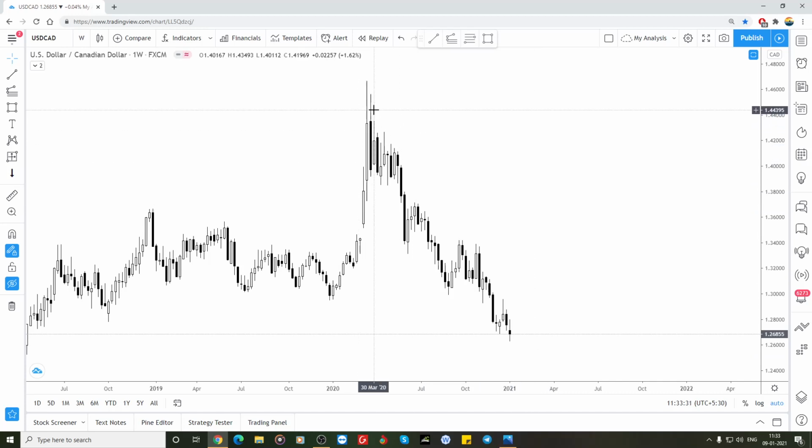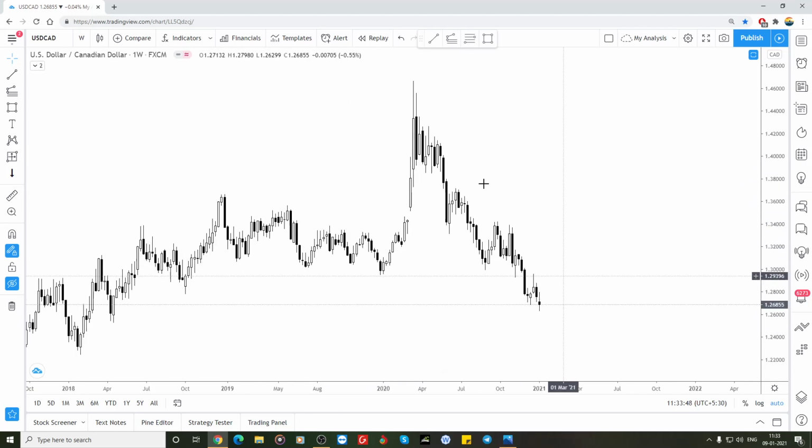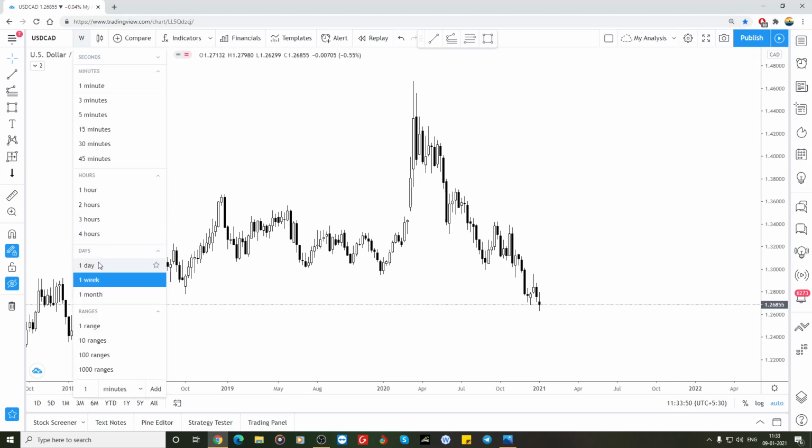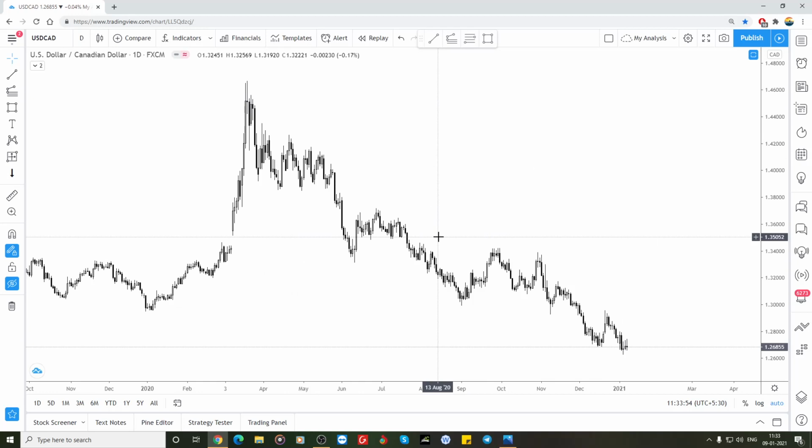But simply it's looking like A B C, again A B C here. See, so this is a connecting wave A B C. It's looking very easy, but if we zoom in to the daily and 4 hour, you may get confused. That is why I always stick to the bigger time frames.